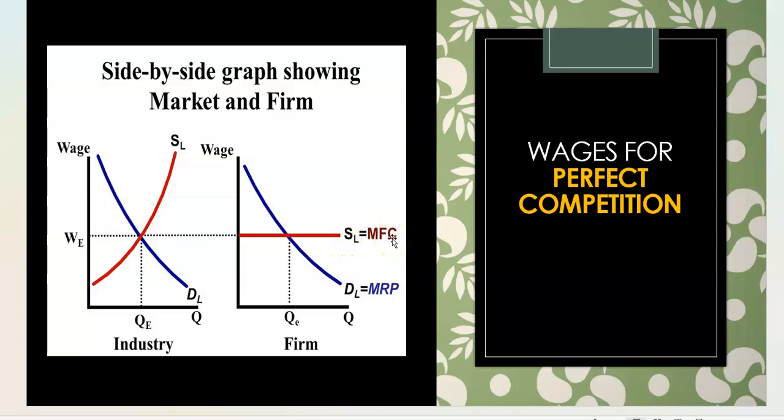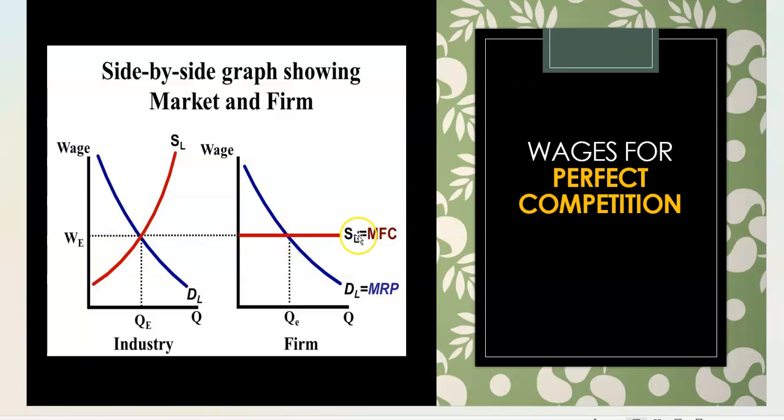Let me take you back a little bit. If you remember, for perfect competition for a product, which is the perfectly competitive firms, this one is perfect competition for labor, for an employee. So for a product, the demand curve and the marginal revenue curve would overlap, because anytime you have perfect competition, you have perfectly elastic demand. So this is a perfectly elastic supply. That's what this means.